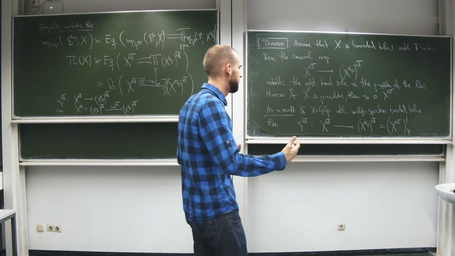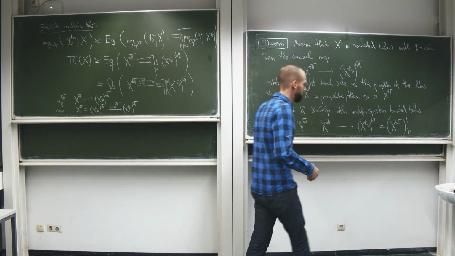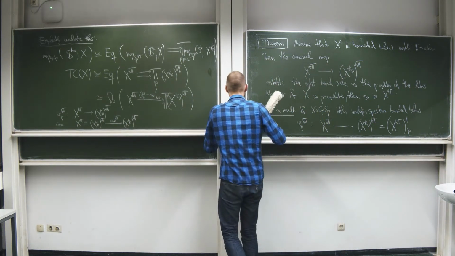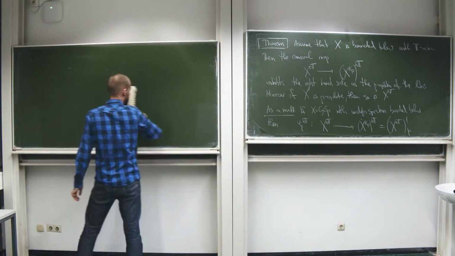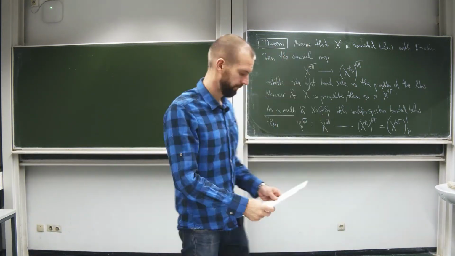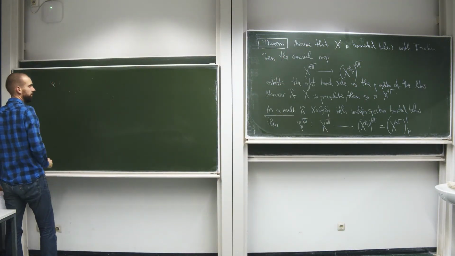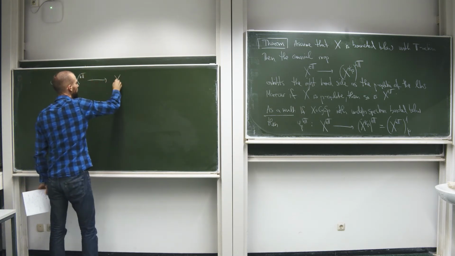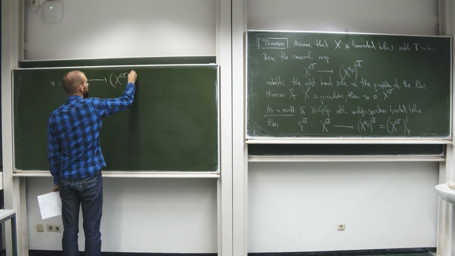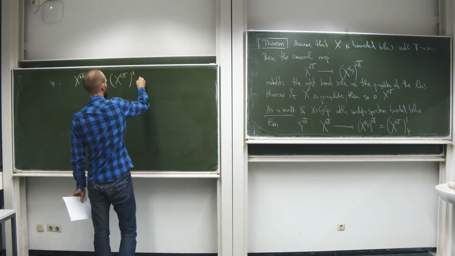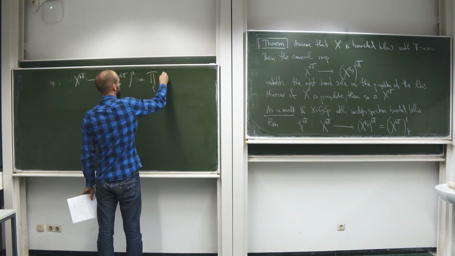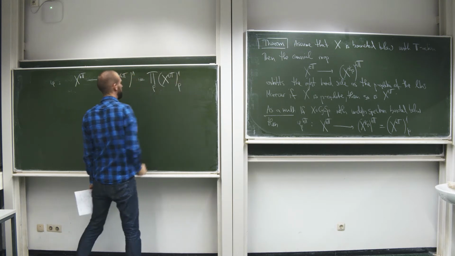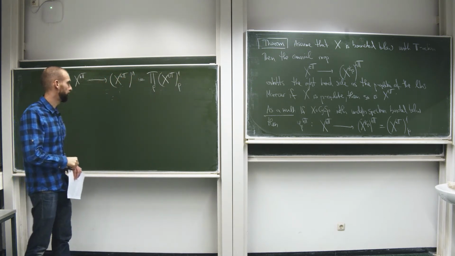And now I can also assemble all the phi p hT's for all primes together. And that will give me the following map phi, which is just a map from X hT into the profinite completion of X Tate T, which is just a product over X Tate T p-completed. Product of all primes. That's what is called the profinite completion.